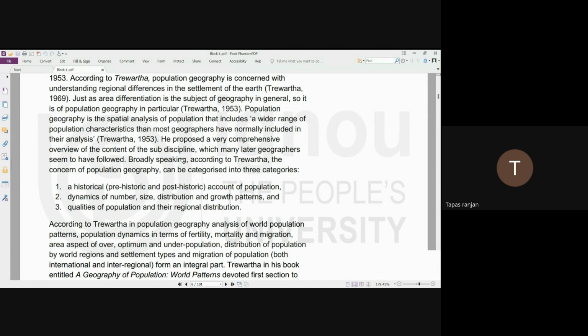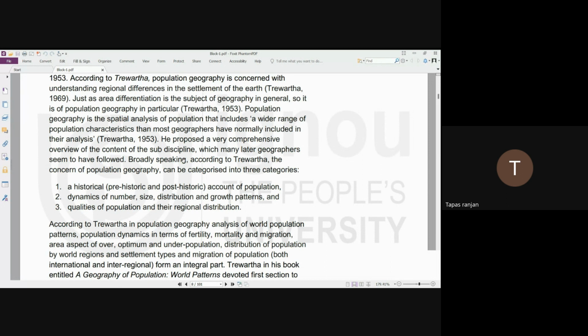Then dynamics in terms of number, size, distribution, and growth patterns. Size is the population size, and distribution is how population is distributed over the earth's surface. Then population growth patterns: you may have positive growth patterns and negative growth patterns.